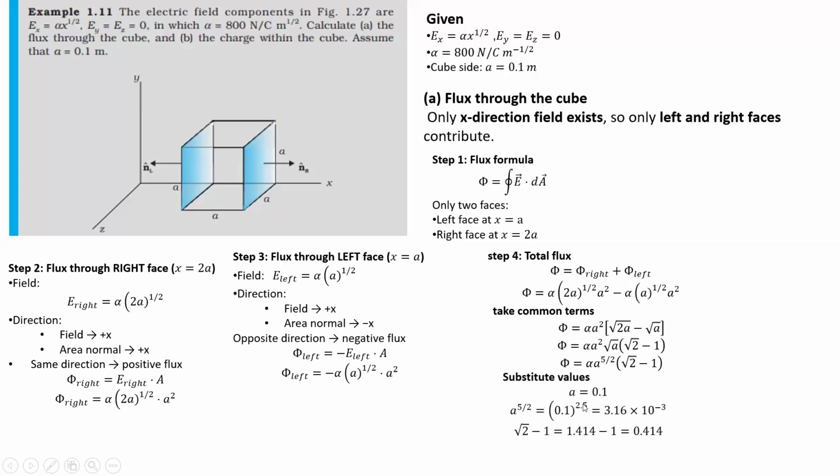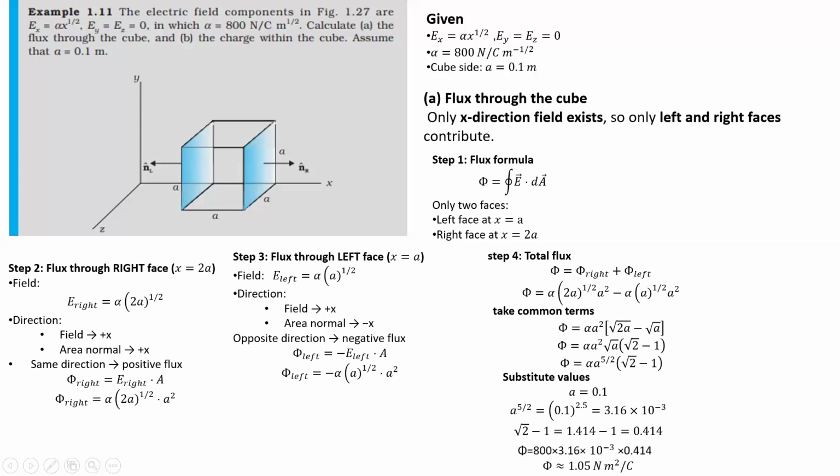If you simplify, a value is given as 0.1. We'll substitute. Alpha value is also given. So a equal to 0.1, a to the power 5 by 2, that is 0.1 to the power 5 by 2. If you simplify, you get 3.16 into 10 to the power minus 3. Then root 2 minus 1 is 1.414 minus 1, that is 0.414.